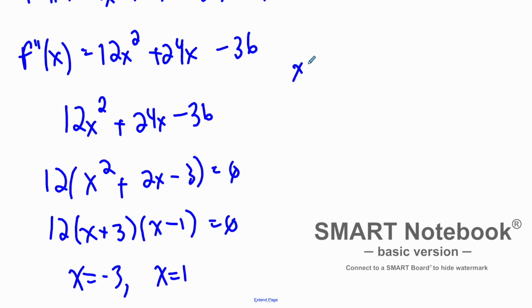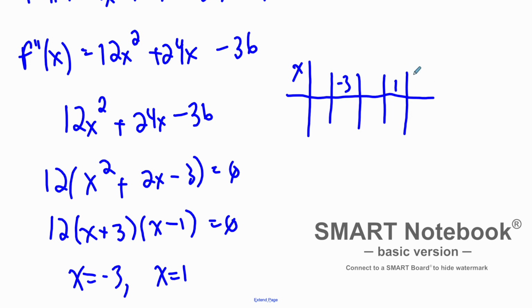So we want to go ahead and make up our table. So our table, we need a value less than negative 3. I'm going to put negative 3 in. A value between negative 3 and 1, and then a value bigger than 1. These both gave me a 0. So a number less than negative 3, let's say negative 5. A number between negative 3 and 1, let's use 0.